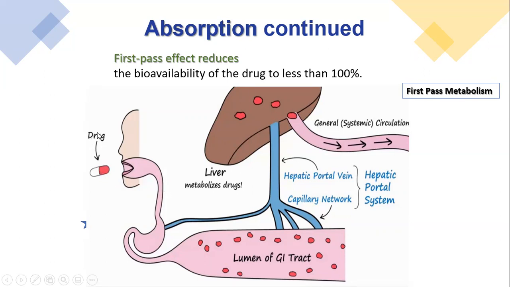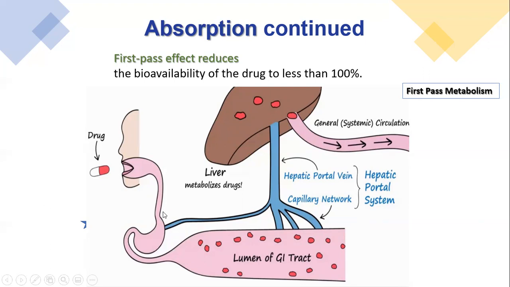So here, a drug I take through my mouth goes to the esophagus, then enters the stomach. Usually, when you eat protein and carbohydrate, after digestion the food goes to the small intestine and then the gut.